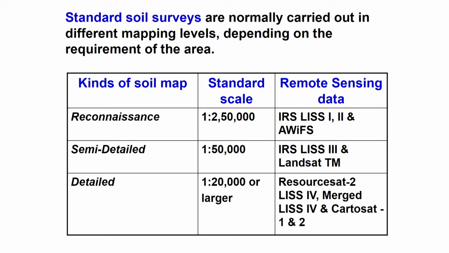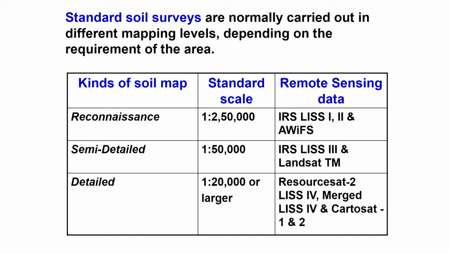We can use LISS 1 data, LISS 2 data, or IRS AWiFS sensor data. For semi-detailed survey, the standard scale is 1 is to 50,000, and we can use Indian remote sensing satellite LISS 3, Landsat TM, or Sentinel satellite data.